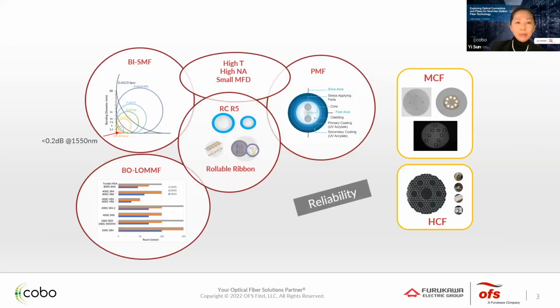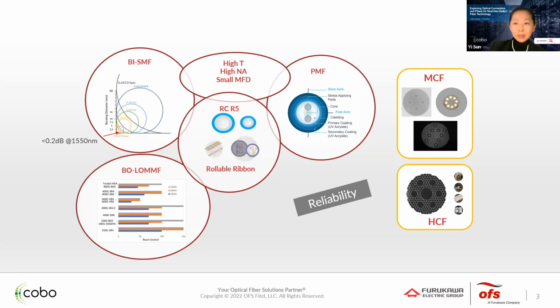So this slide overviews the fiber technologies. The fiber for onboard optics and the high density pluggables can choose either the single mode fiber, bending sensitive, or bend optimized multimode fiber. Same applies to co-packaged optics. The current co-packaged optics 3.2 terabits per second module is based on DR4 and FR4, that's for single mode.